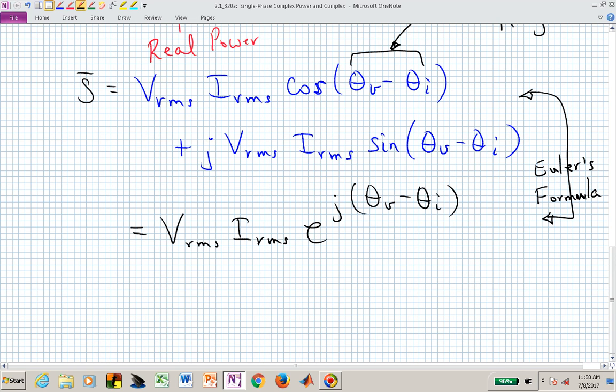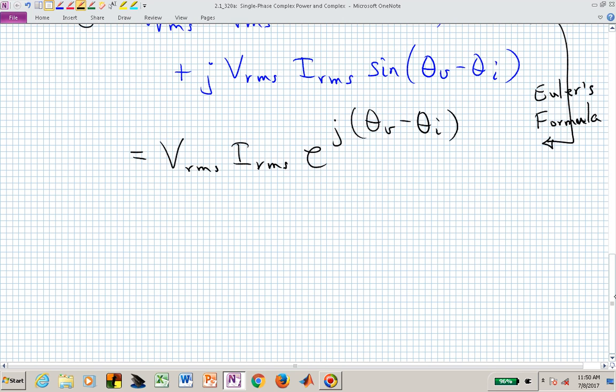We can now convert this rectangular form of complex power to a polar form where we have it written in terms of a complex exponential.